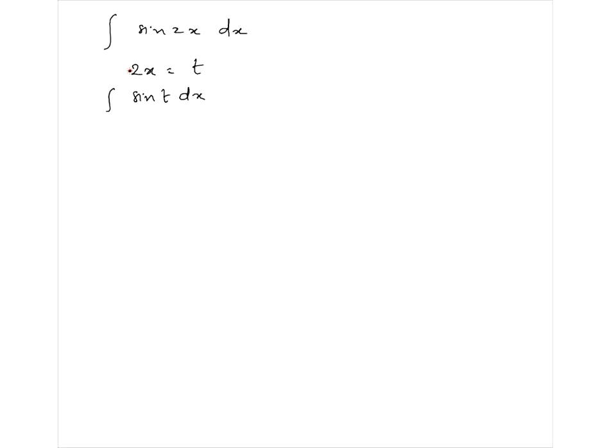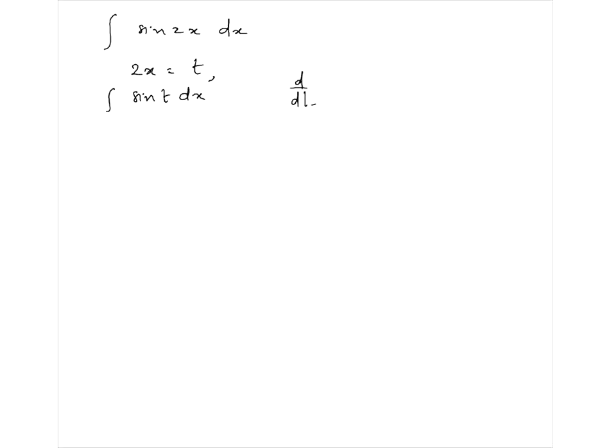2x is t. If left and right sides are equal, then their rates of change should also be equal, right? So I am going to differentiate both sides with respect to, let's say, t.